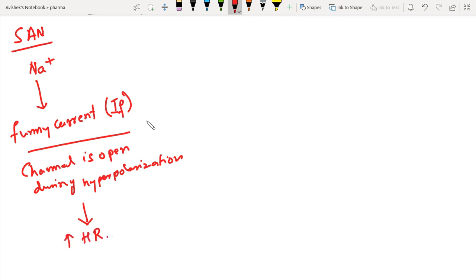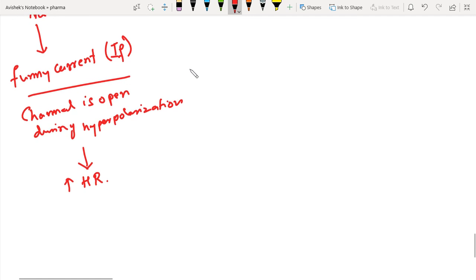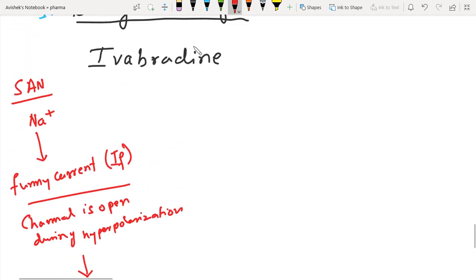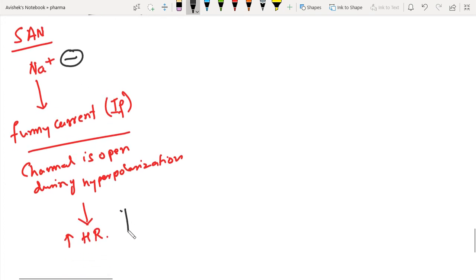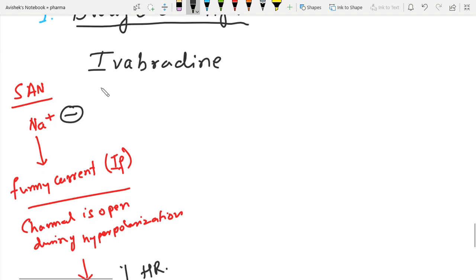But what happens with ivabradine? Ivabradine blocks this sodium channel, leading to decrease in heart rate. This is the mechanism of ivabradine.